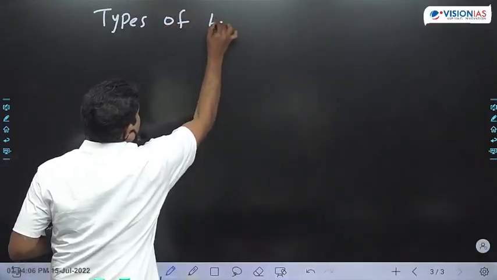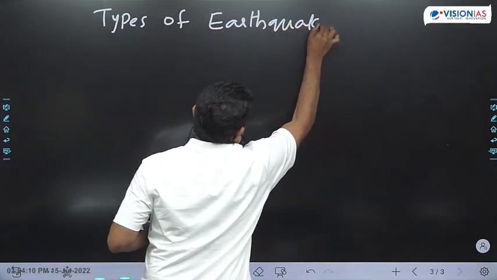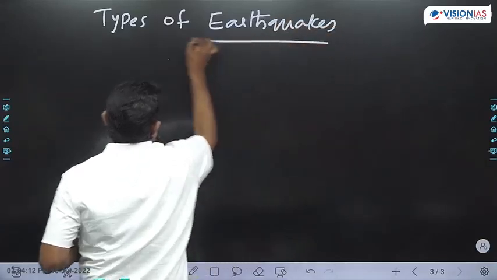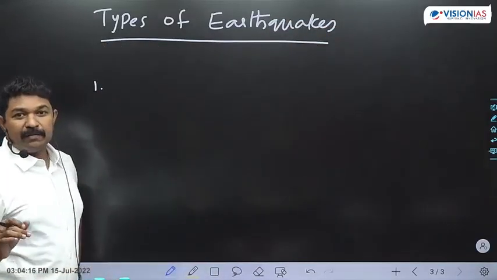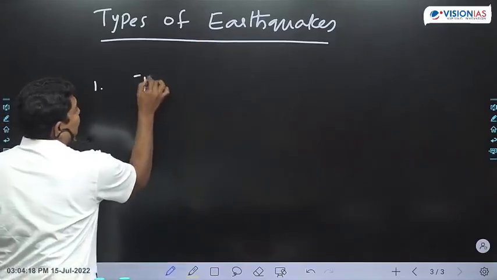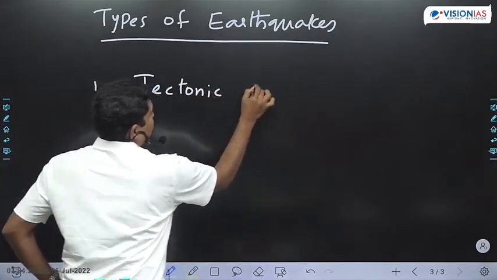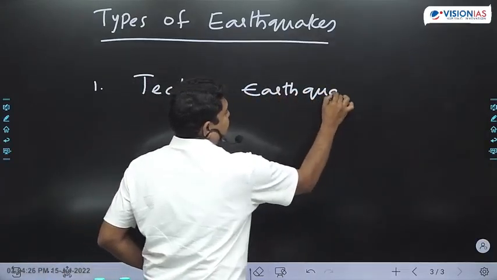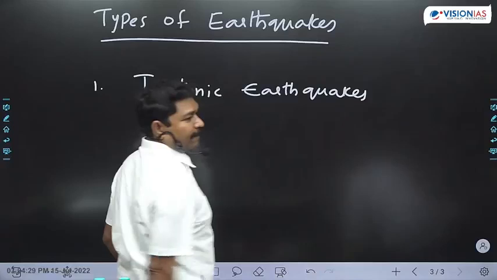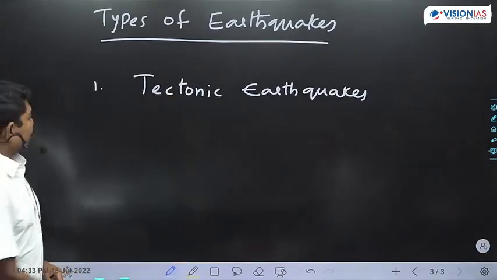Types of earthquakes. The first and foremost one, a very massive one, is called tectonic earthquakes. The very important one is the tectonic earthquake.